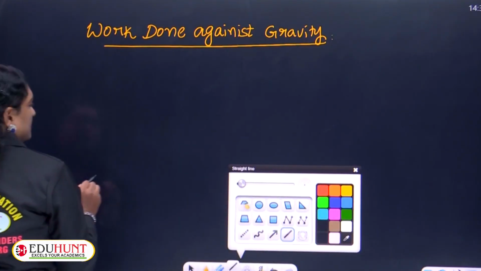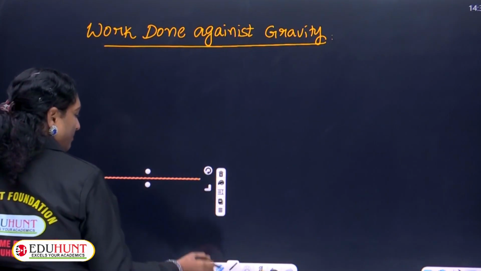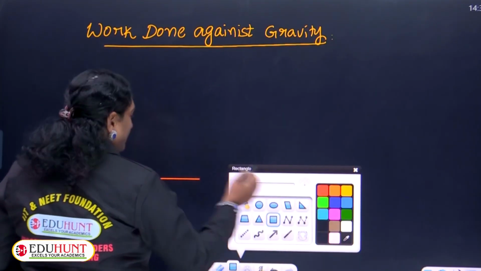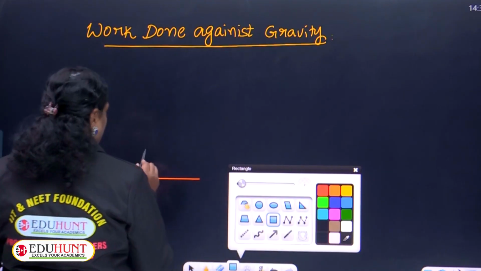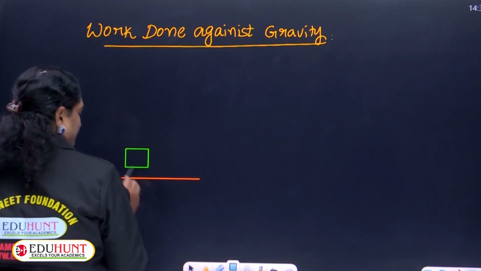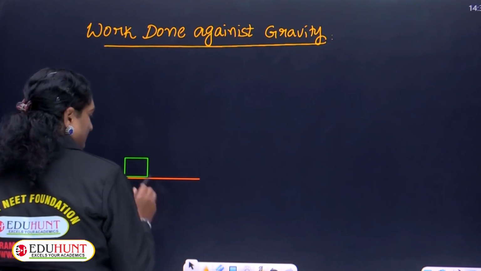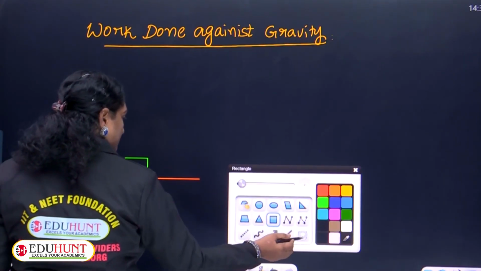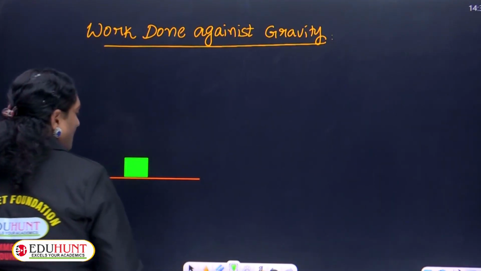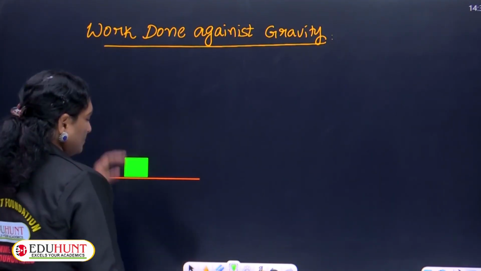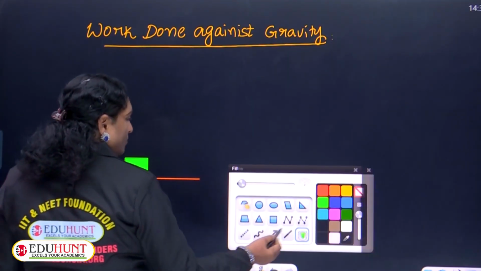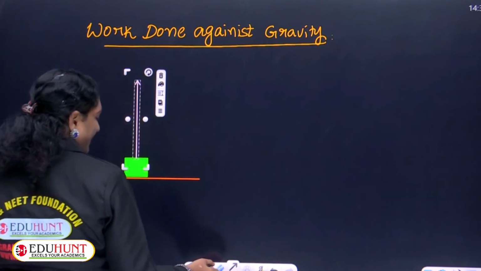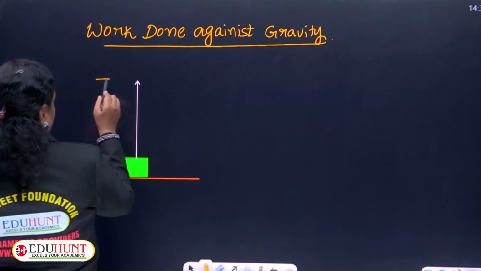So let us consider that a body of mass m is lying on the ground. And now this body is to be lifted vertically upwards to some height, say h.